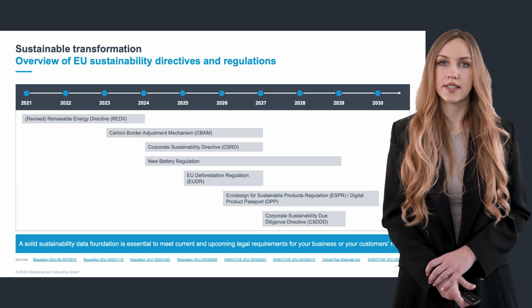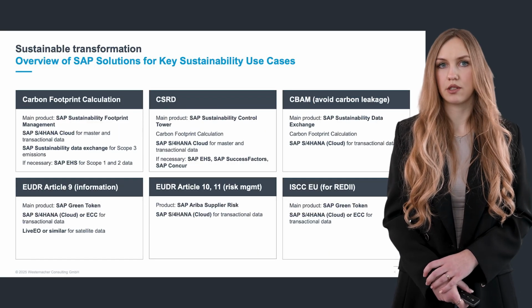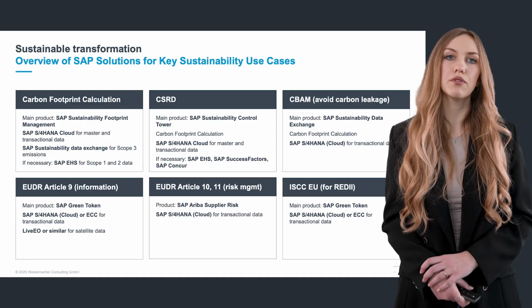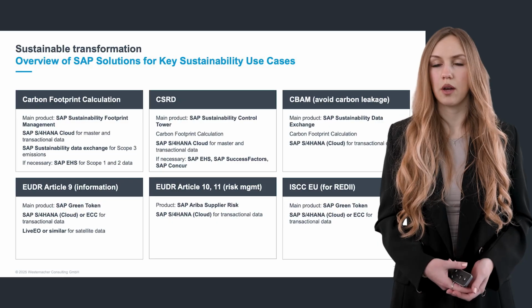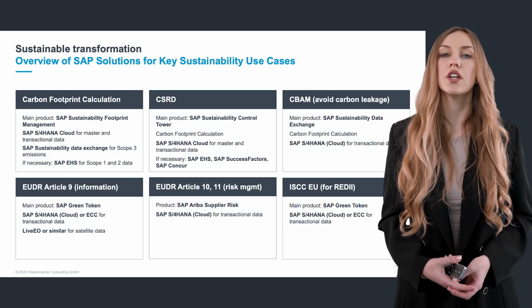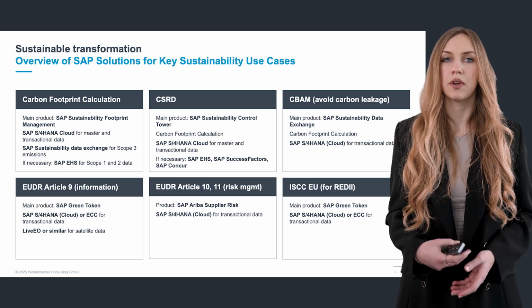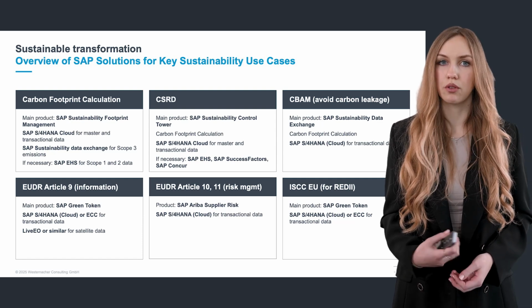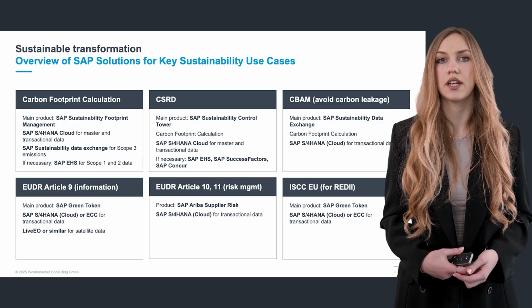Yeah, let's have a look at some use cases and the related SAP sustainability solutions. So for example, if you want to calculate a carbon footprint for your holistic company or even for product data, your main product is the SAP Sustainability Footprint Management. But this is not a standalone solution. You also need data from your S/4HANA Cloud system for master and transactional data to calculate it.